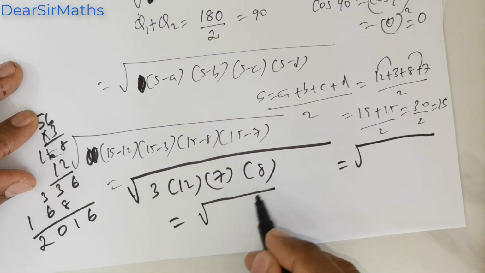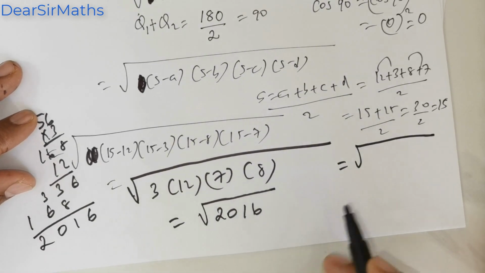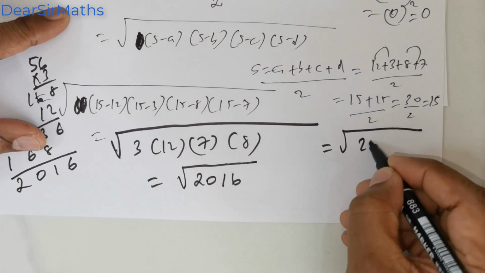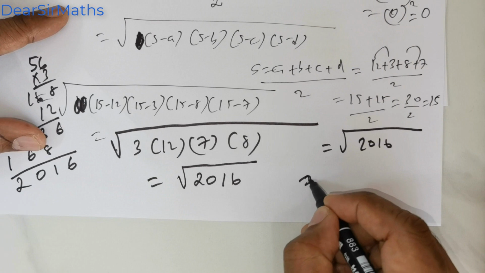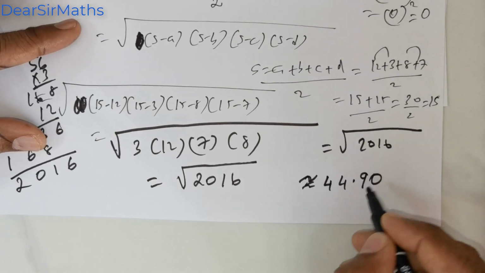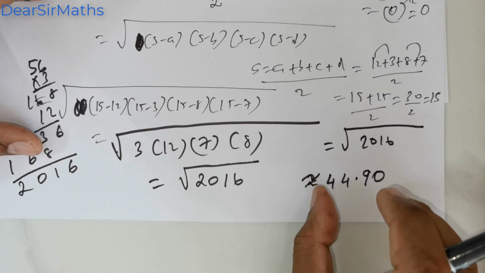So I need to take the square root of 2016. Let me use my calculator and give you the value. The value of this is approximately 44.90. This is the value for the area of the quadrilateral.